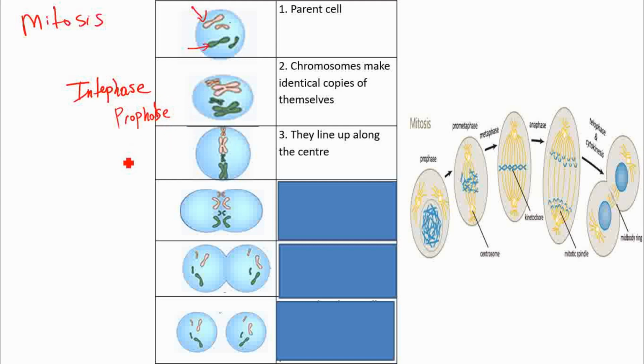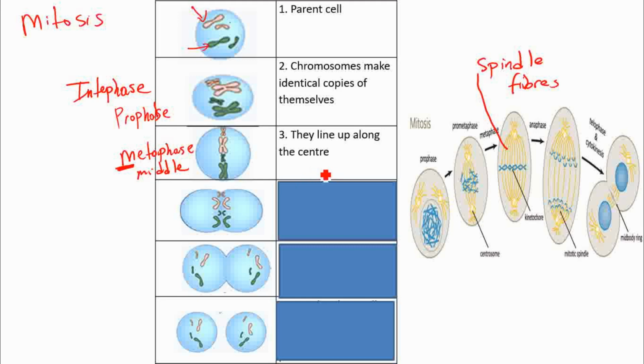Then they're lined up in the center, which is metaphase, right in the middle. You can use the word meta to remember that it is happening in the middle. The chromosomes line up in the middle, and this is controlled by spindle fibers. You can add that, especially if this is a 6 marker.